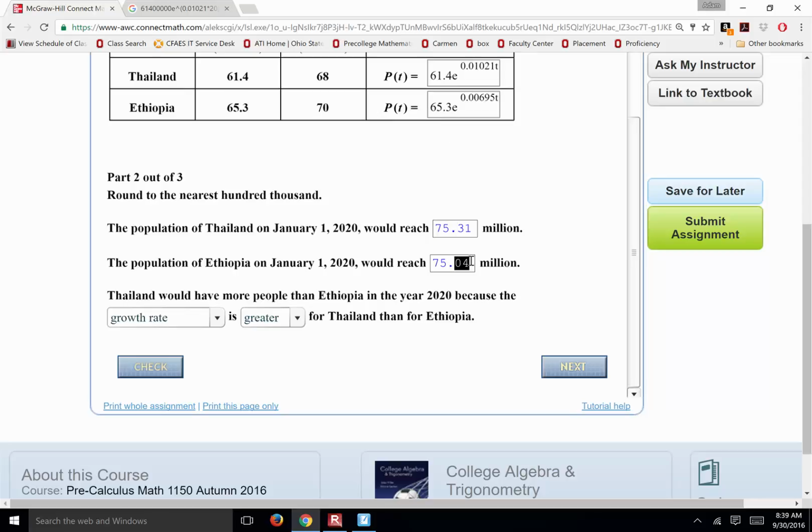Oh, nearest 100,000 is this first digit, right? So it would be 75 million then. This one will be 75, right? Good, thanks. So you fix your mistake. And mine as well, okay. And this one only 75. No. I'm making a mistake. Yeah, this will be 3.